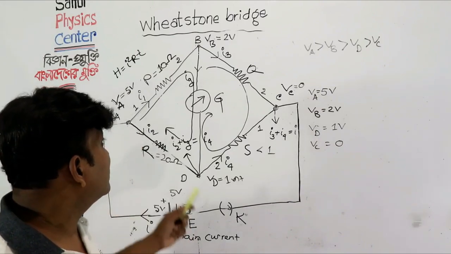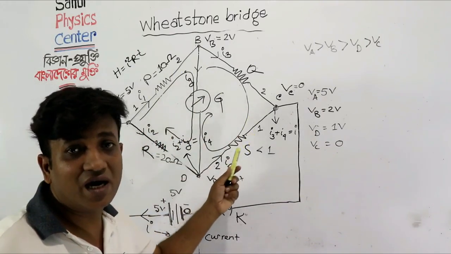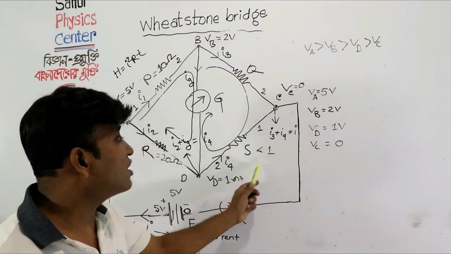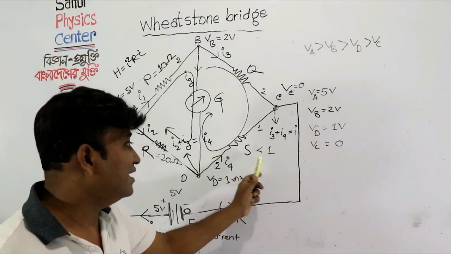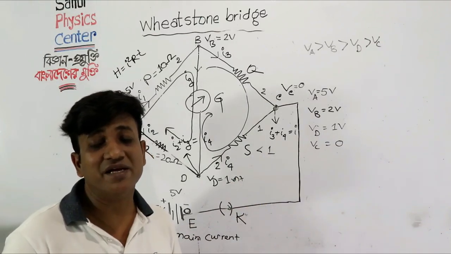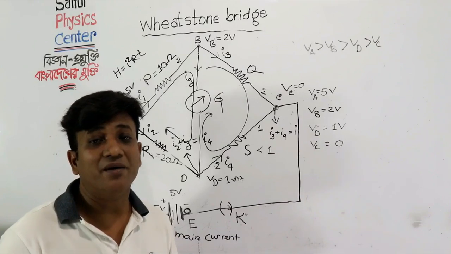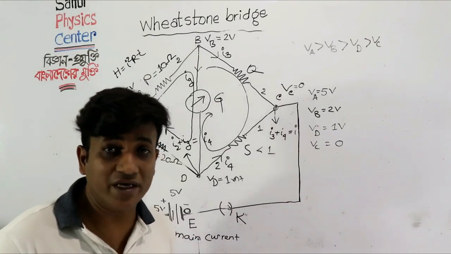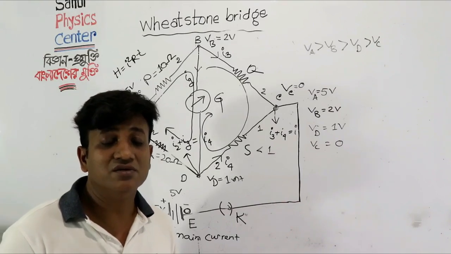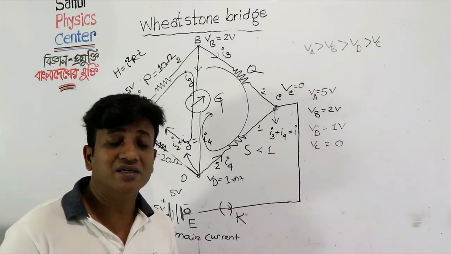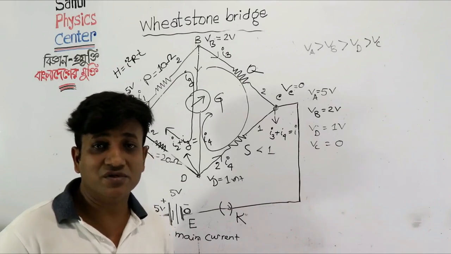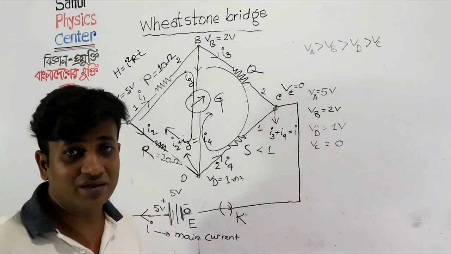That's why the resistance of the wires is near to the resistance of the conductor S. Therefore, we cannot accurately determine the null point in this case. That's why it is not possible to determine the resistance of a conductor whose resistance is less than 1 ohm, or low resistance.